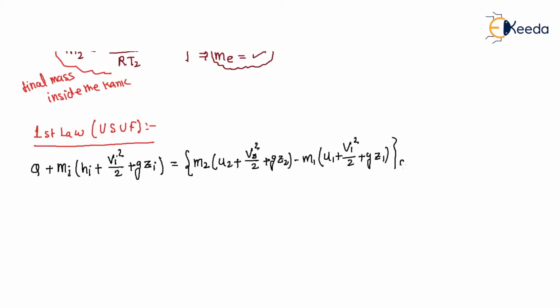This is for a control volume, plus M exit (HE plus VE squared upon 2 plus ZE) plus W.